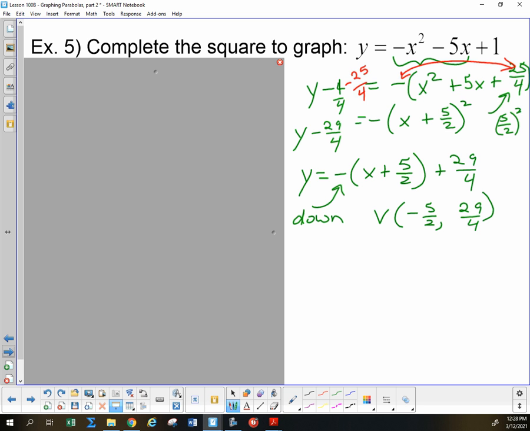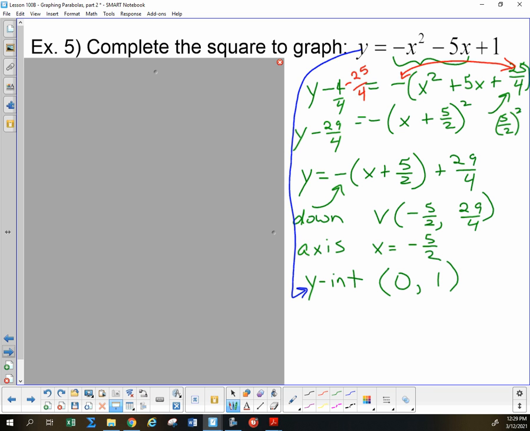Our axis of symmetry is going to be x equals the x-coordinate of the vertex, so x equals minus 5 halves. For the y-intercept, we go back to that original equation, and we let x be 0, and if we do that, we get 0 minus 0 plus 1, we get 0, 1 for the y-intercept.